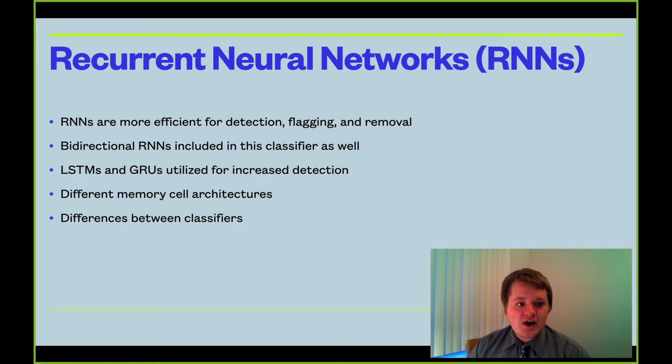An additional type of RNN, bidirectional RNNs, are used in this classifier as well. These classifiers are used in conjunction with the two most popular memory cell architectures, LSTM and GRU. Long short-term memory, known as LSTM, is a novel RNN architecture, together with an efficient gradient-based learning algorithm that effectively addresses the insufficient and decaying error backflow problem in traditional RNNs.